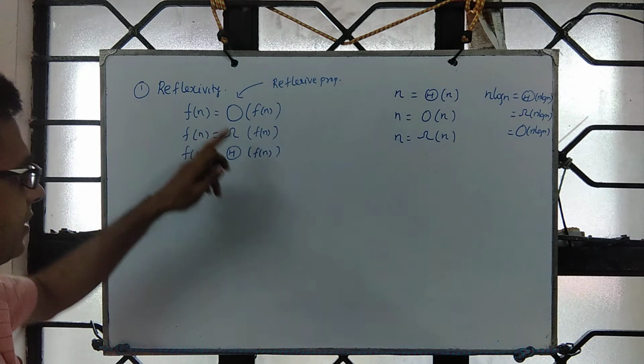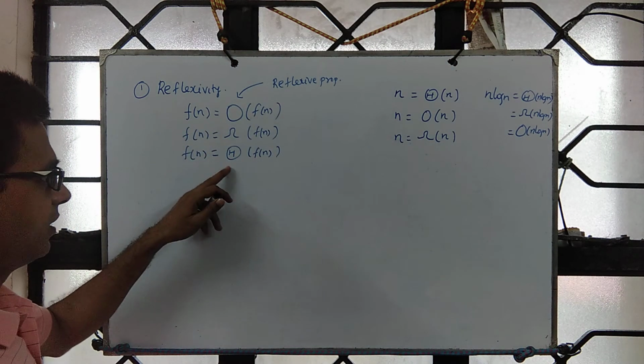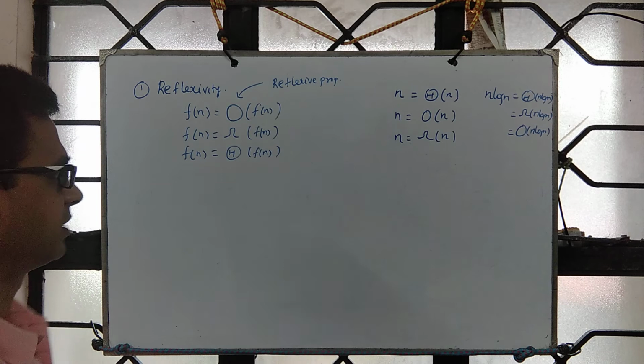So big O is reflexive in nature, omega is reflexive in nature, theta is reflexive in nature.